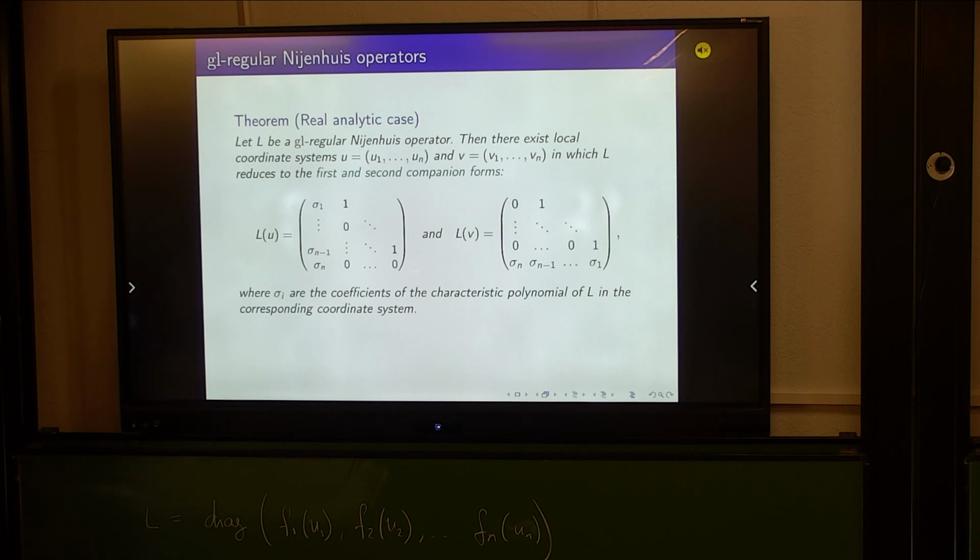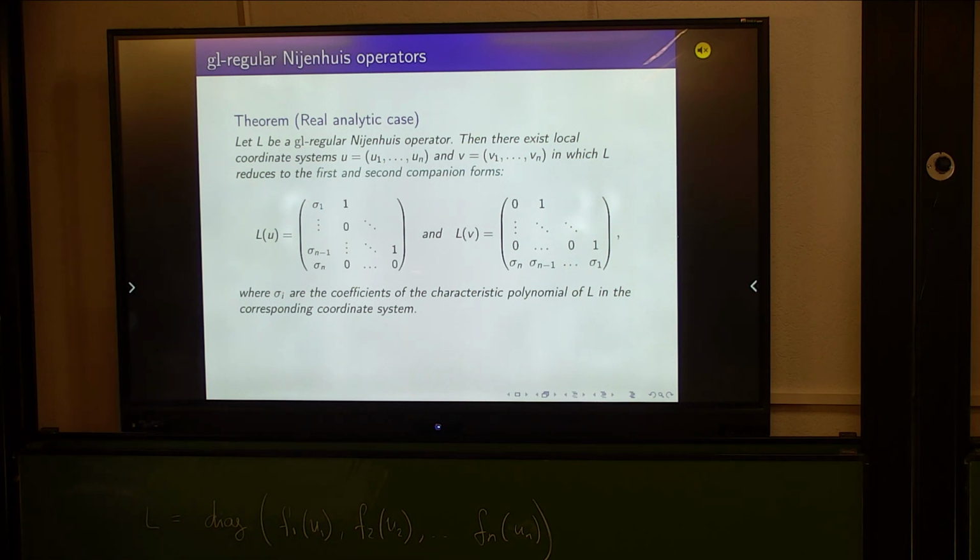So next situation. Let us consider operators which are GL regular, satisfying the algebraic condition I mentioned. Then the first result is a very universal normal form for all GL regular operators. It doesn't matter how eigenvalues behave. They may collide, the operator may be simple, may contain Jordan blocks, or at a given point you may have just one Jordan block and at neighboring points everything splits in a very complicated way.